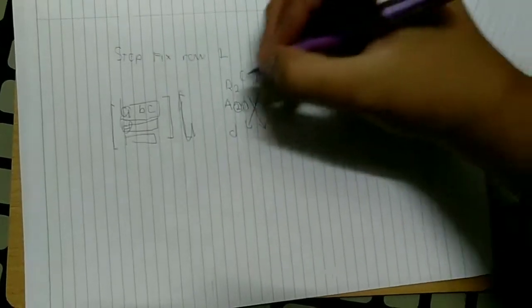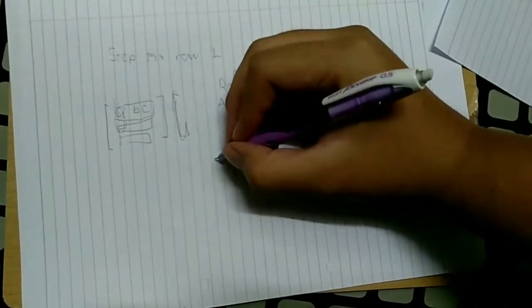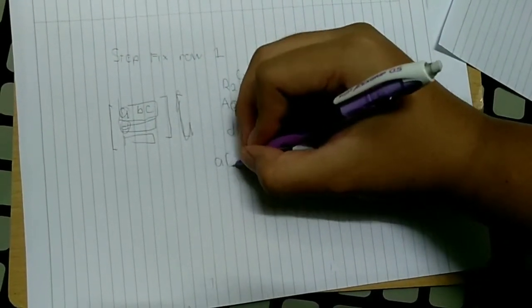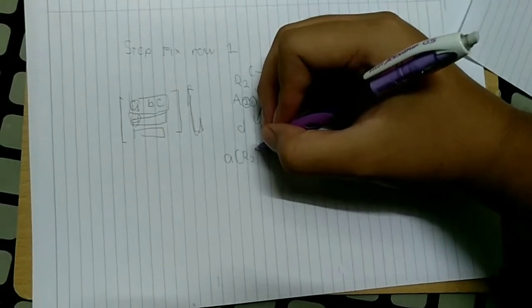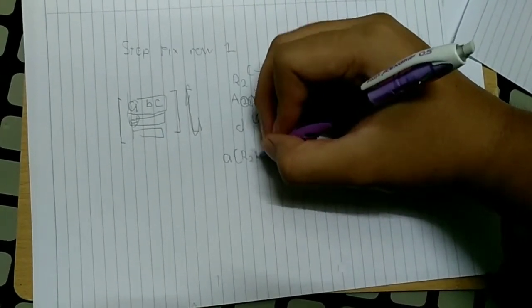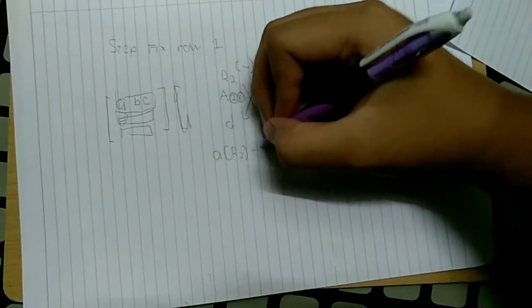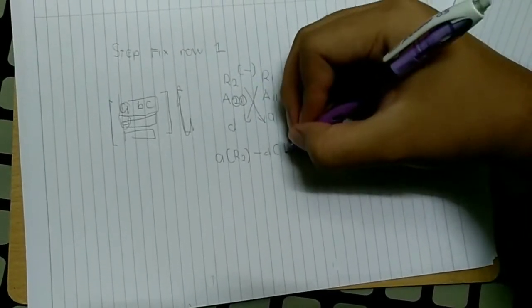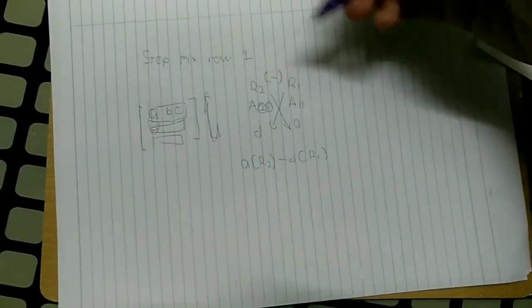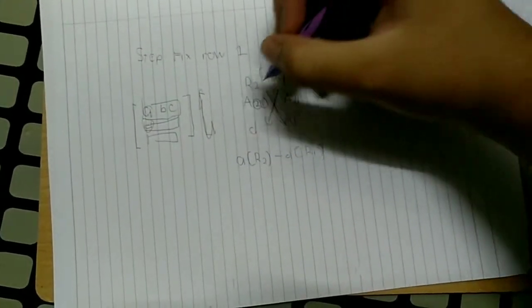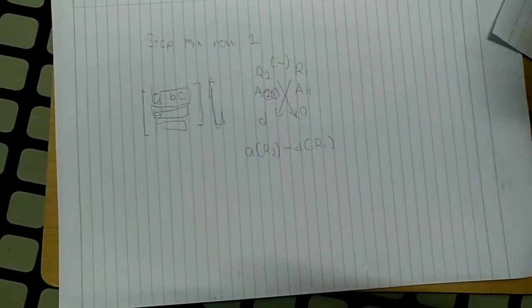So it will leave you something like this: A R2 minus D R1. You will get something like this. Don't worry if you don't understand here, I will show you an example of how to do it just after this clip. So bear with me.